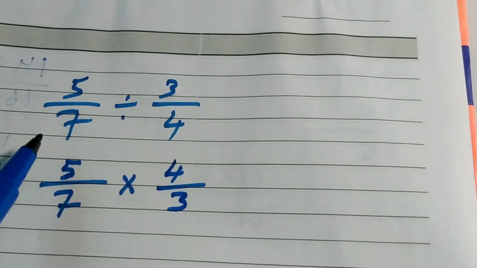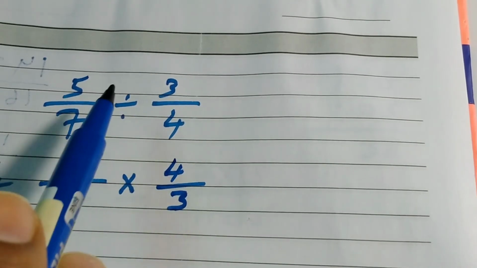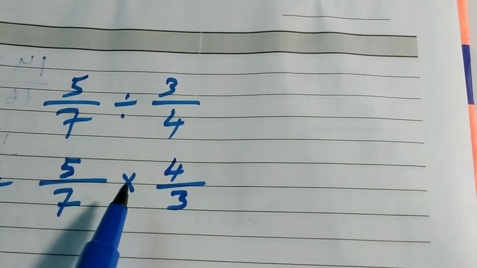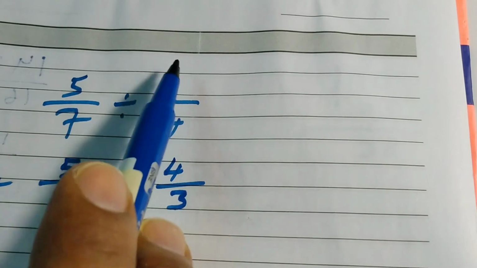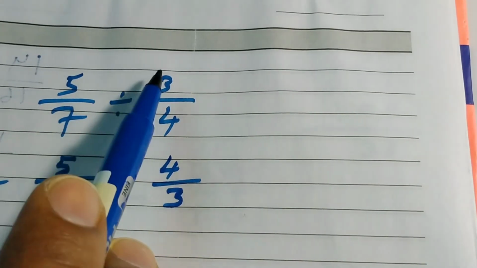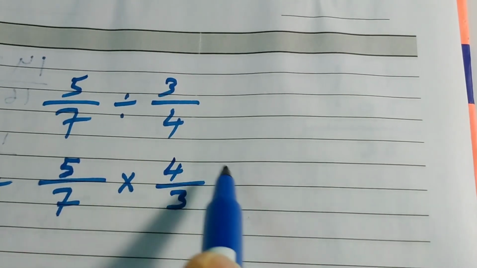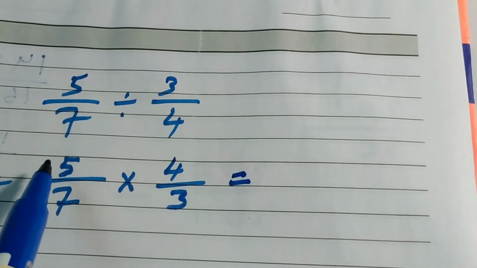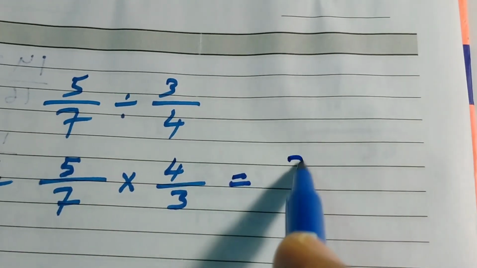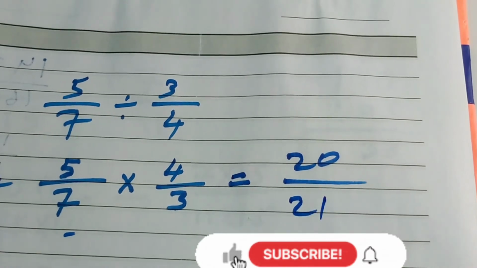So now after changing into multiplication, we will do the same thing. 5 multiply 4 equal 20. 7 multiply 3 equal 21. This is our answer.